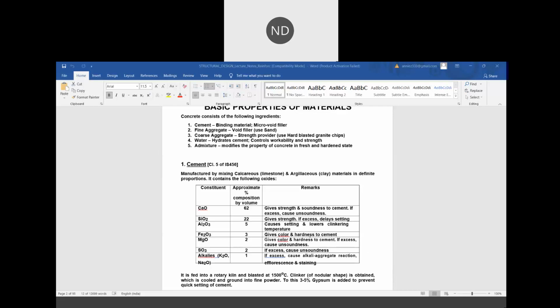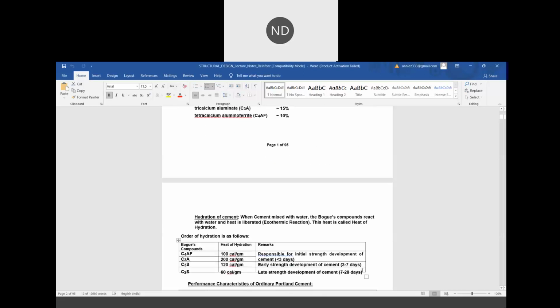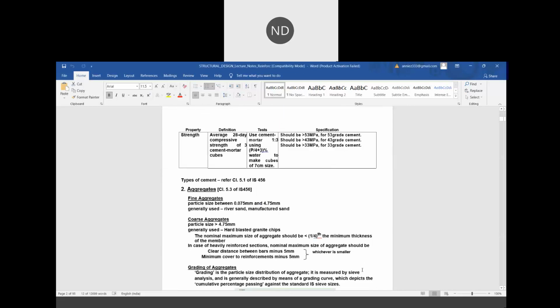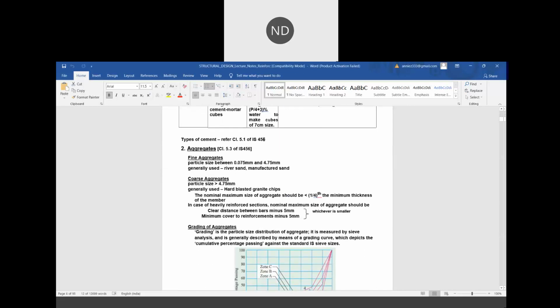Now we were talking about aggregates. The types of cement are given in clause number 5.1 of IS code 456. These are the types or grades of cement you can say.